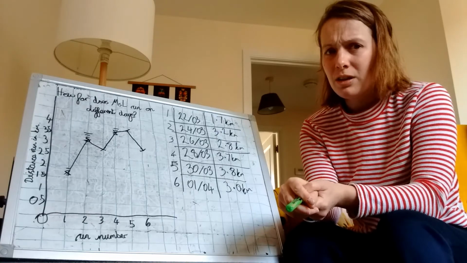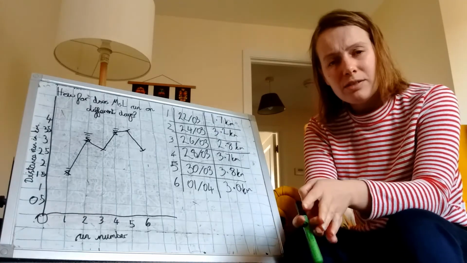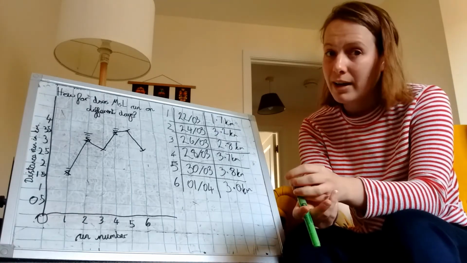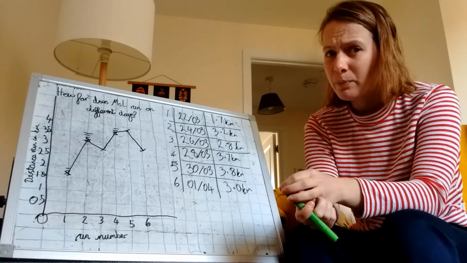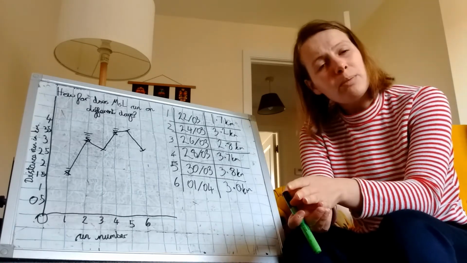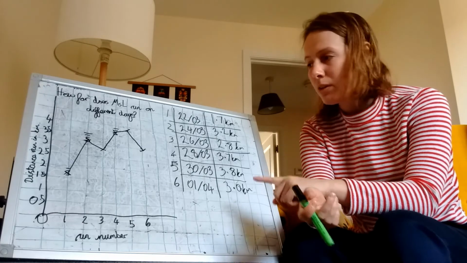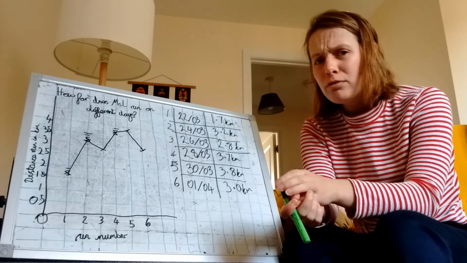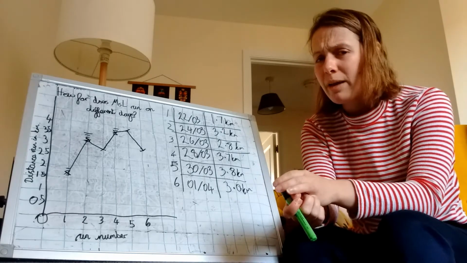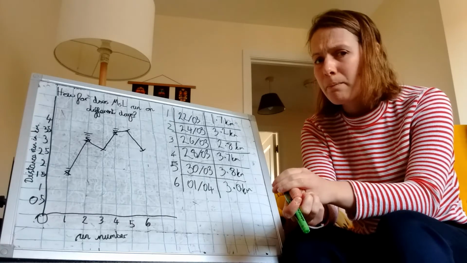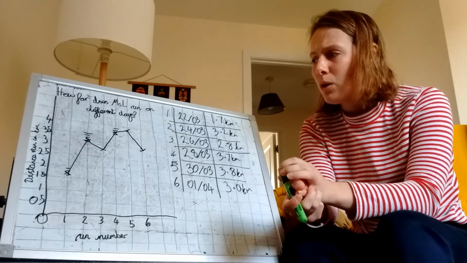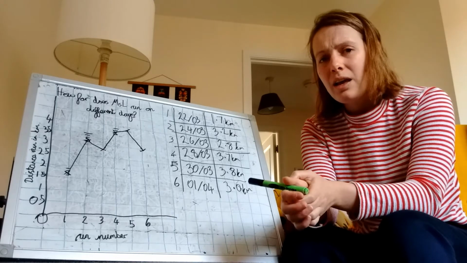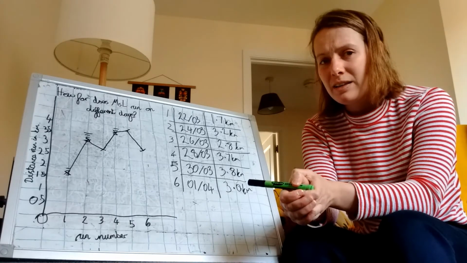But it's really important to ask yourself, do you understand the graph? Does it make sense to you? So I'm going to ask you a couple of questions to check that. Look at my graph. Overall, would you say I'm getting better at running? Which days have been my best days?